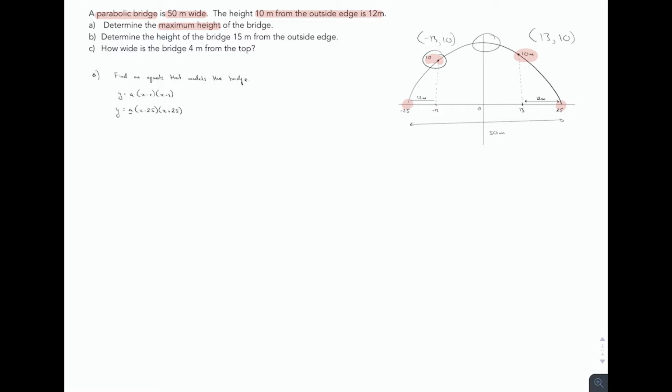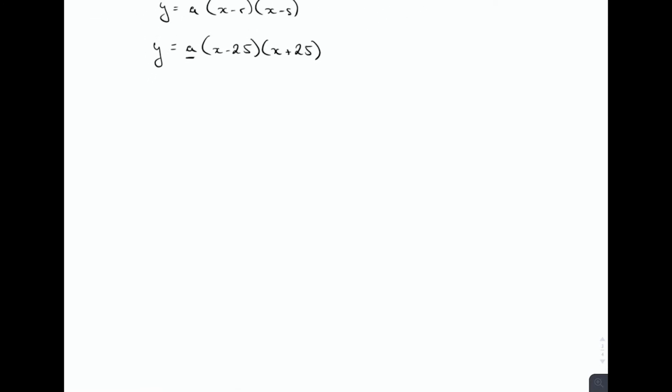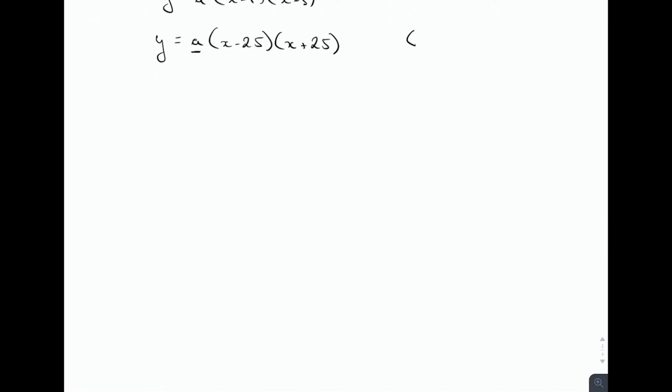So I'm going to use the 13 and 10 to find the value of a by substituting. So let me just write that here, 13, 10. 13 for x and 10 for y. So I have 10 equals a times (13 minus 25) times (13 plus 25). I get 10 equals a times (13 minus 25, which is negative 12) times (13 plus 25, which will give me 38).